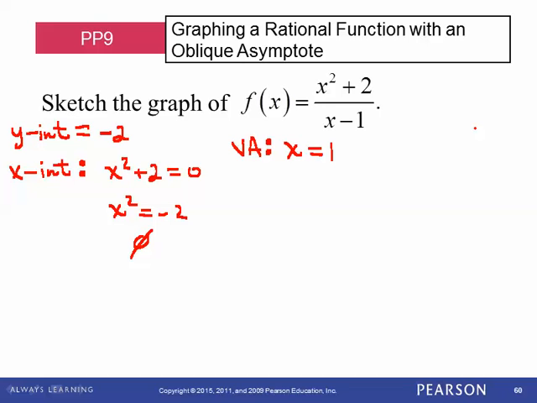And then do we have a horizontal asymptote? N is greater than m?